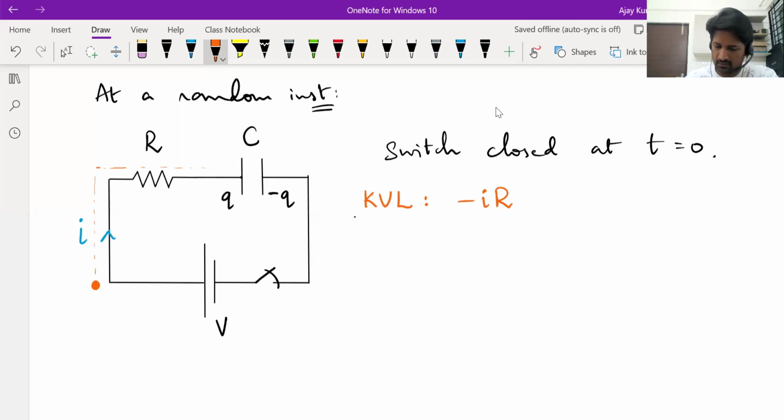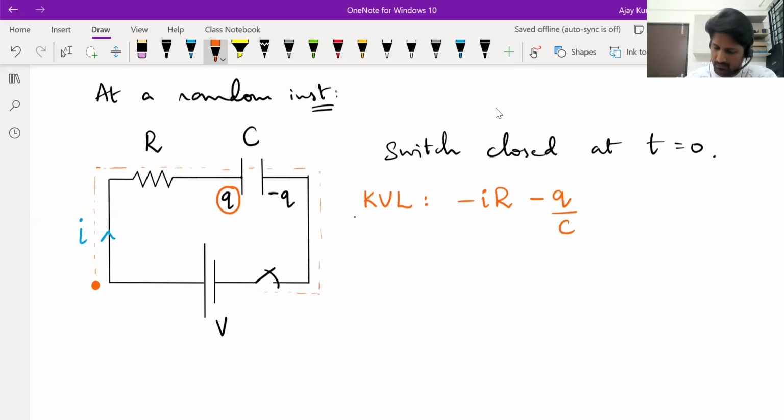Minus Q by C. Can you tell me the general formula for writing potential change across a capacitor? The negative of the first plate divided by capacity. Okay, negative of the charge on the first plate divided by C. Now, as you move clockwise along this loop, the charge on the first plate that you come across is Q. So negative of Q divided by C.